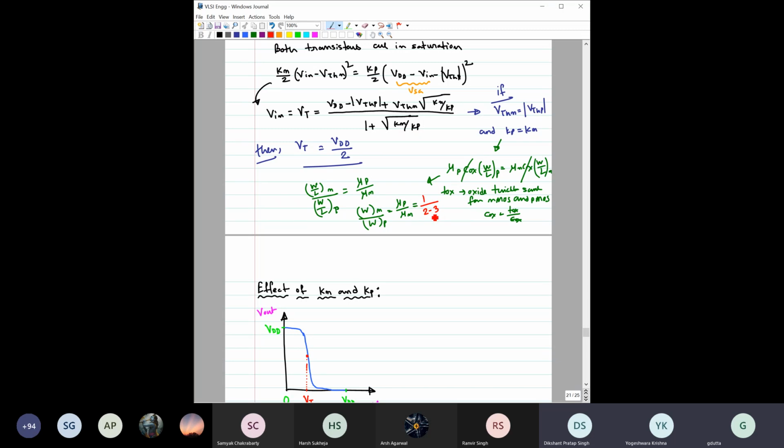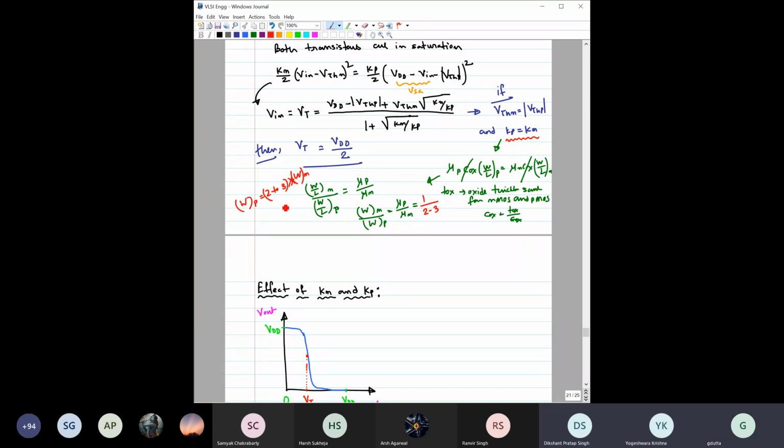So you can understand that in order to make Kp equal to Kn, or a symmetric VTC, you have to make Wp equal to 2 to 3 times Wn. Have you understood?